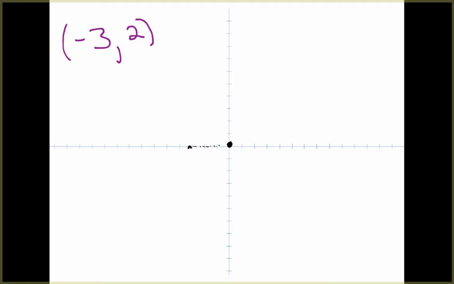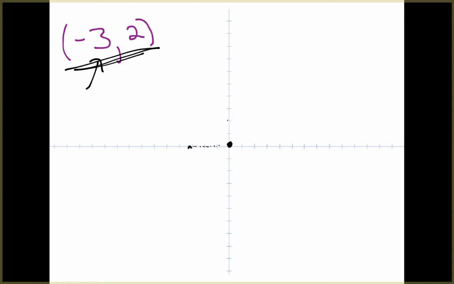I'm not going to plot a point yet. Just because you see -3, don't go -3 here and then look at 2 and plot 2 here. This is one location point. Once I move left 3 spaces from the origin, now I can move up or down.